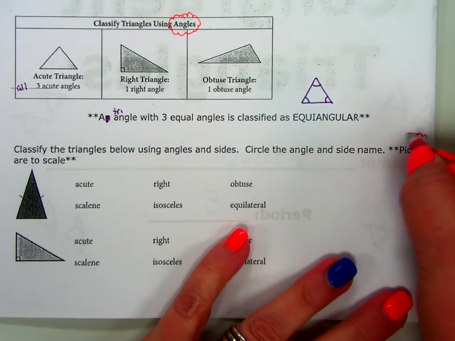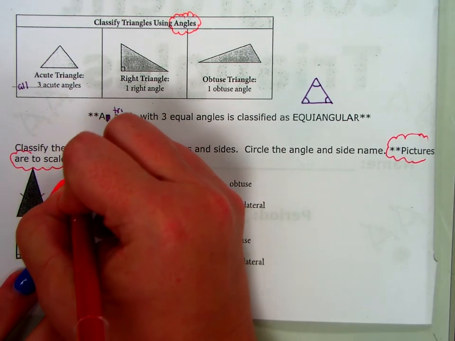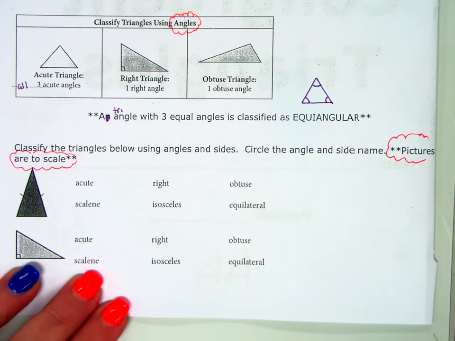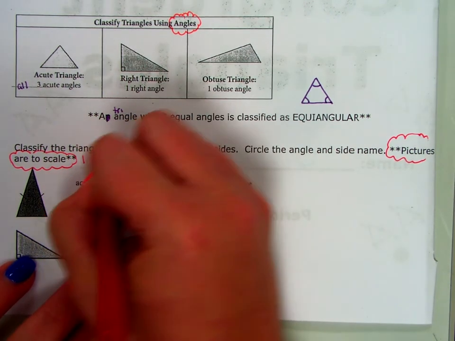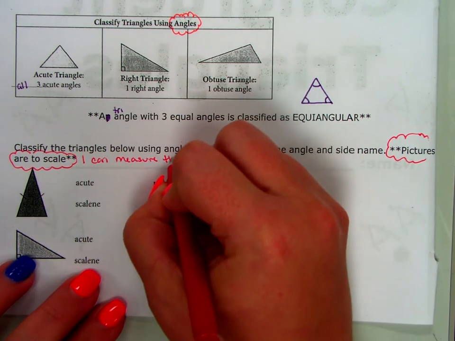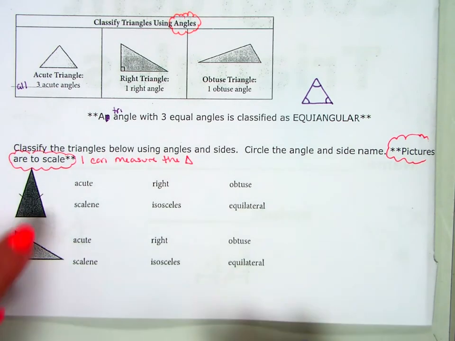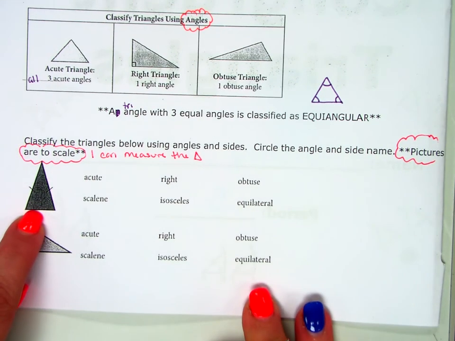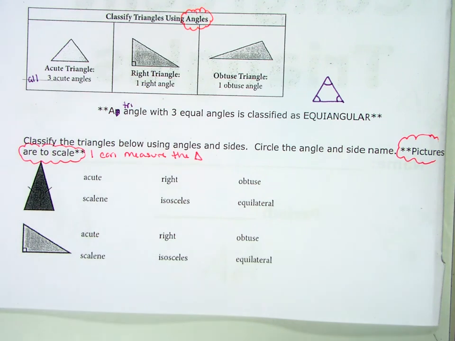When you see these pictures are to scale, what that means is I can measure the triangle. This triangle is exactly what it looks like. Remember, sometimes we draw lines and the obtuse angle when we do the math turns out to actually be an acute angle. So it's not going to be like that.